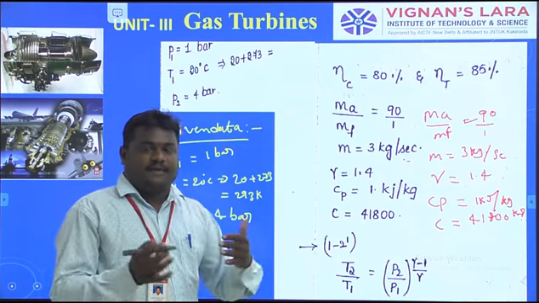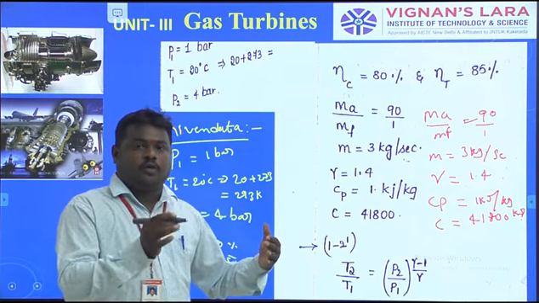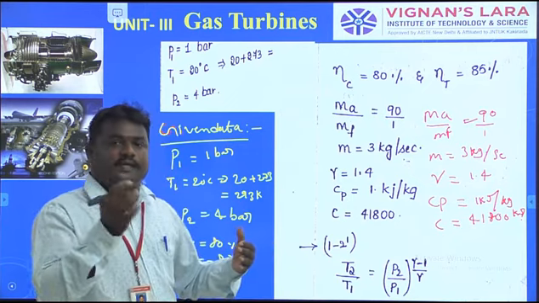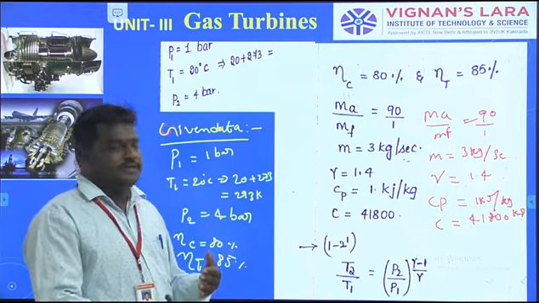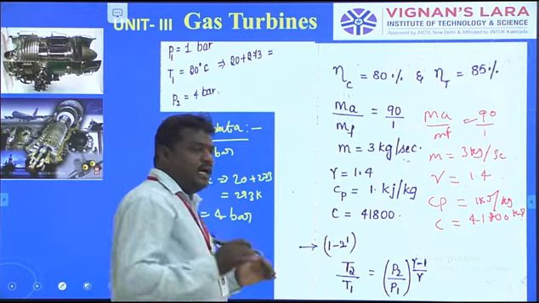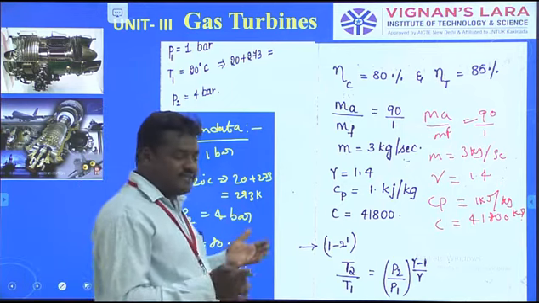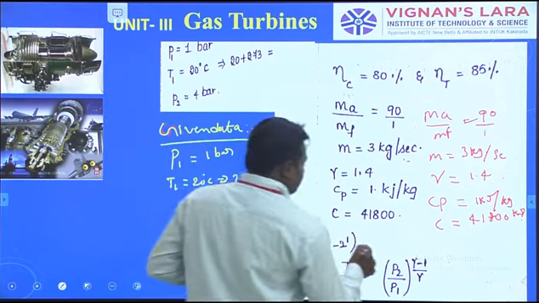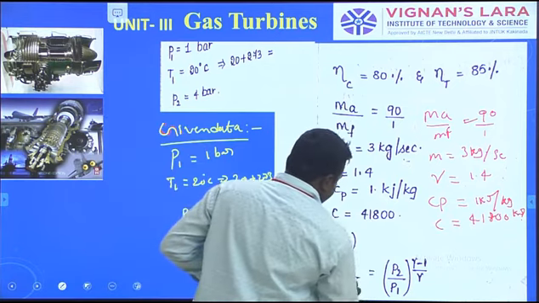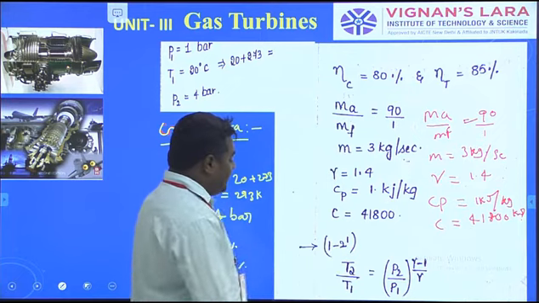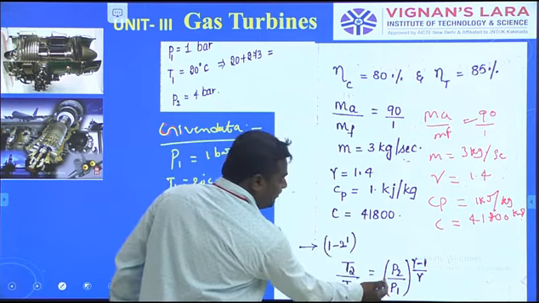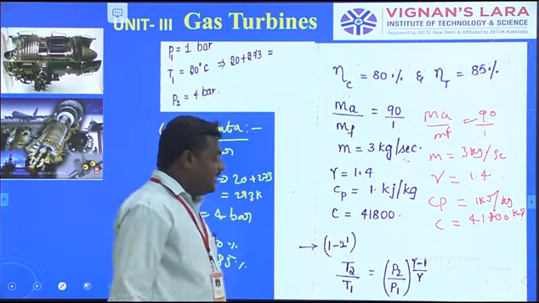In the open cycle, the processes are 1 to 2, 2 to 3, 3 to 4, and 4 to 1. So we take the 1 to 2 dash process. The formula is T2 by T1 equals P2 by P1 whole power gamma minus 1 by gamma.